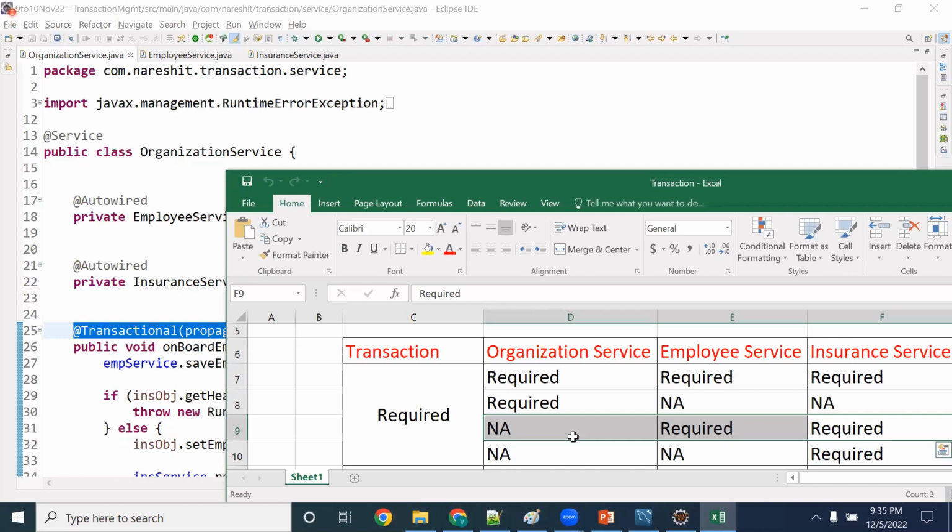Employee is in a different transaction, insurance is in a different transaction. When the father is managing the entire family, if son 1 has a problem, son 2 will help. If son 2 has a problem, son 1 will help. If the father has a problem, son 1 and son 2 will help. It's a collaborated family.